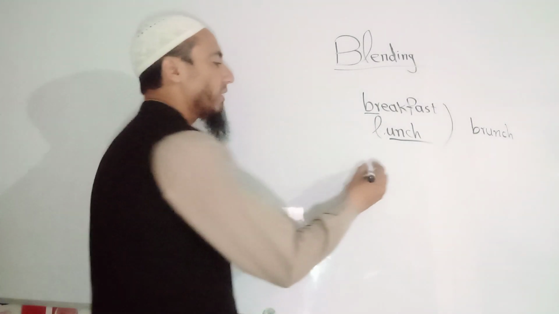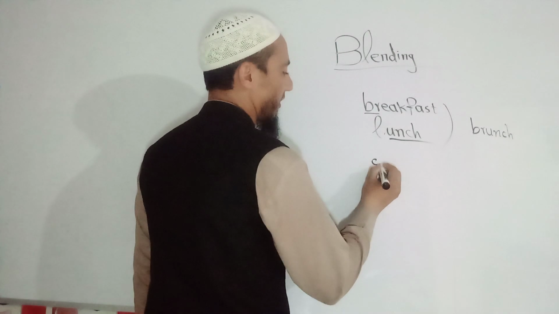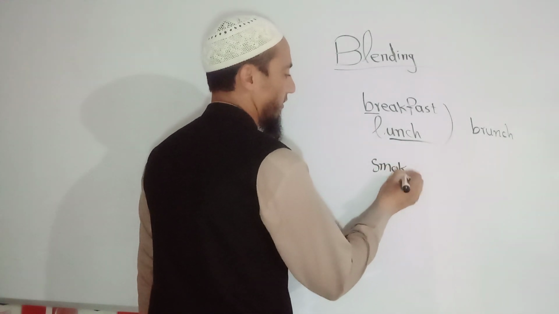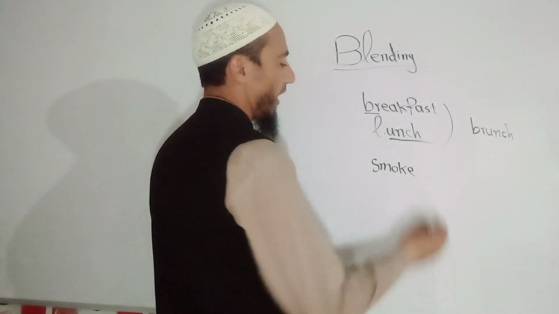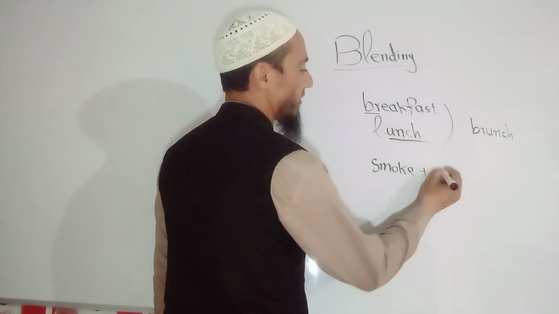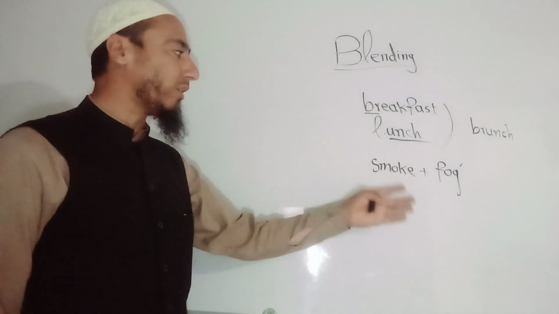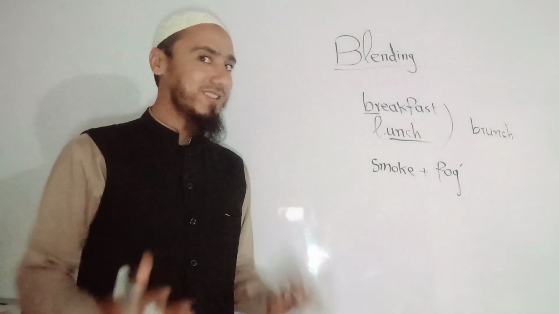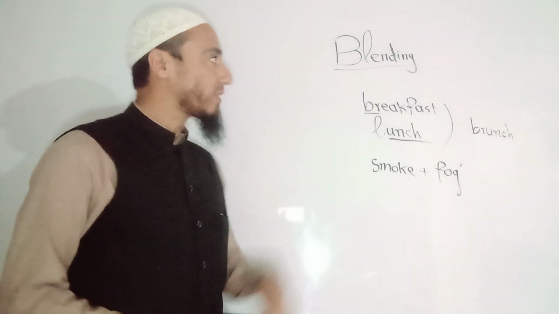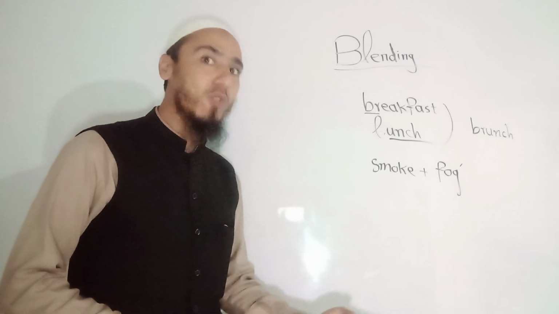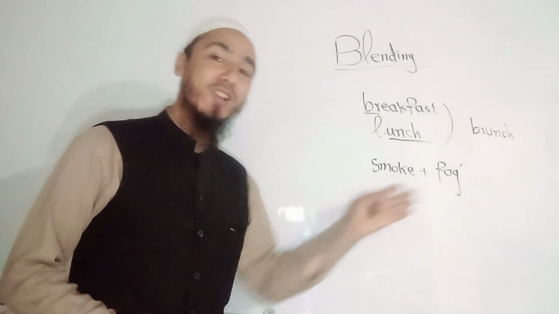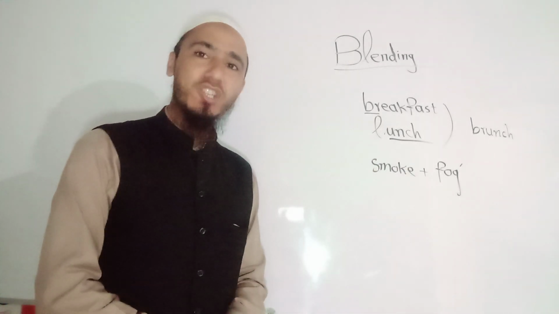Take another example. One word is smoke, and another word is fog. You see, smoke and fog, these are two different words. So how do we form a new word from these two?